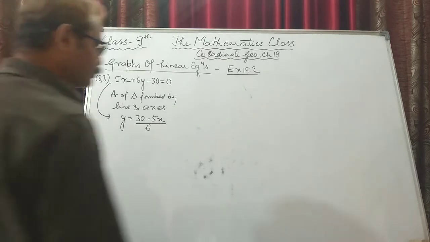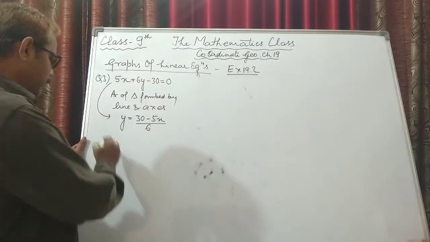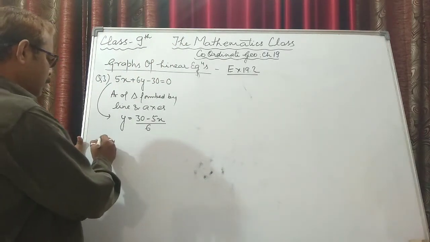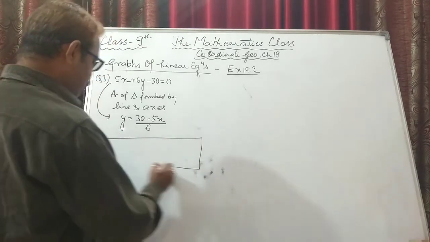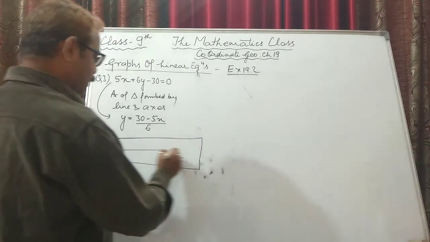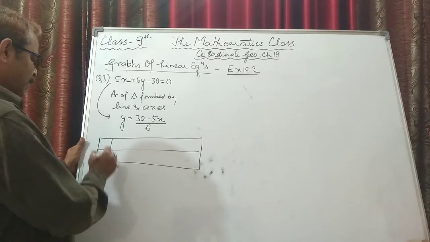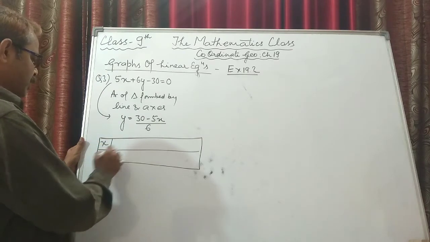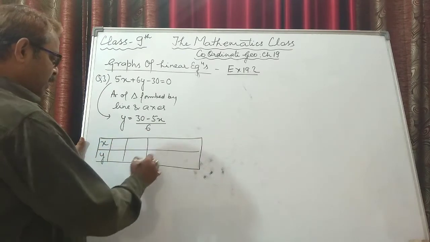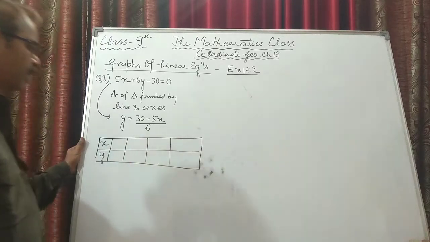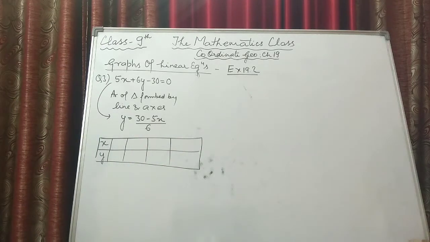Now, one very easy method, though you have to draw the table, x and y. At least 3 values are required. We will put different values of x and we will get different values of y. But one thing is very simple.